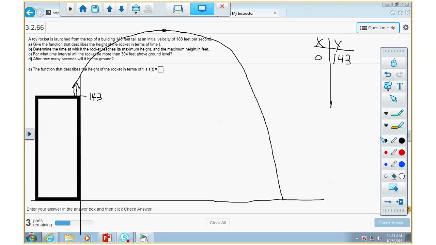What is it? What does it say? S of T or something like that? Yeah. Negative 16. S of T? I don't know. I didn't copy that down. Okay. Equals what? Negative 16 T squared. Negative 16? Yeah.